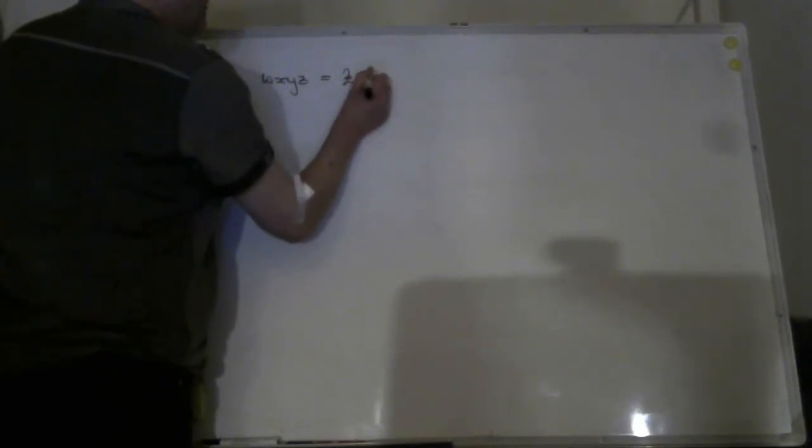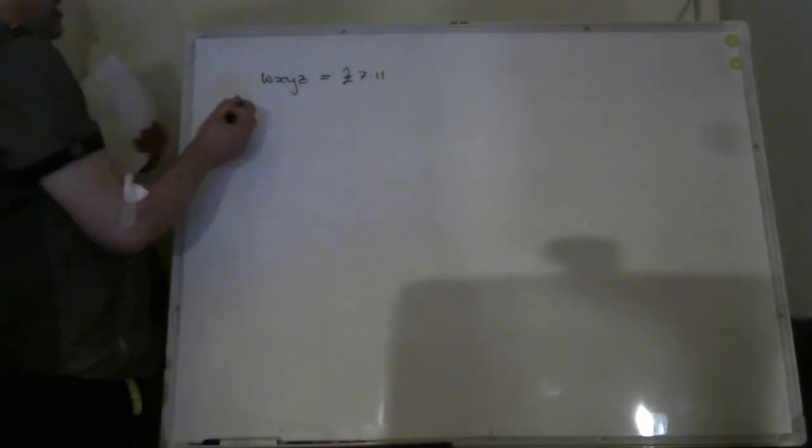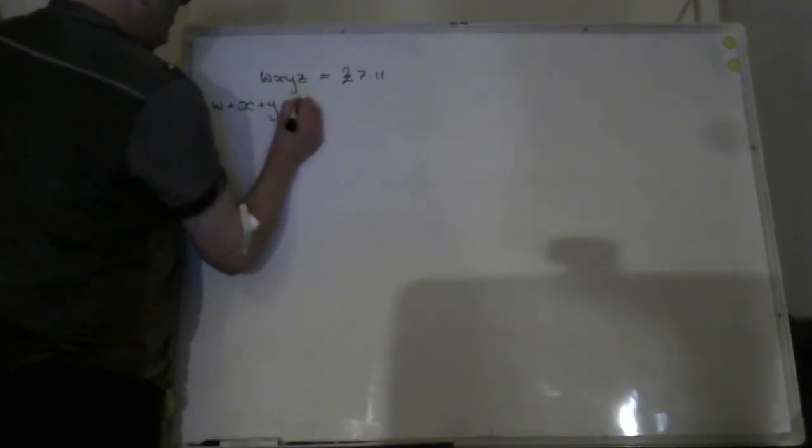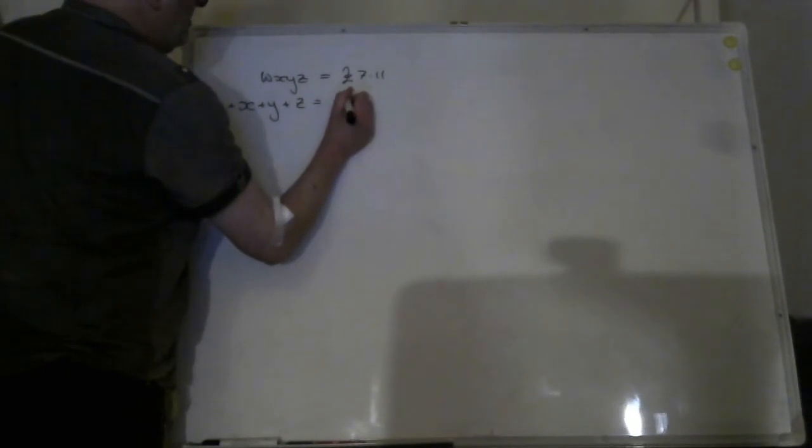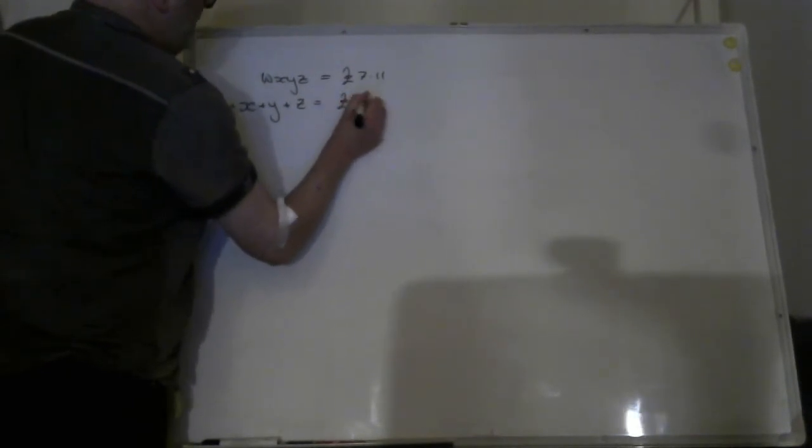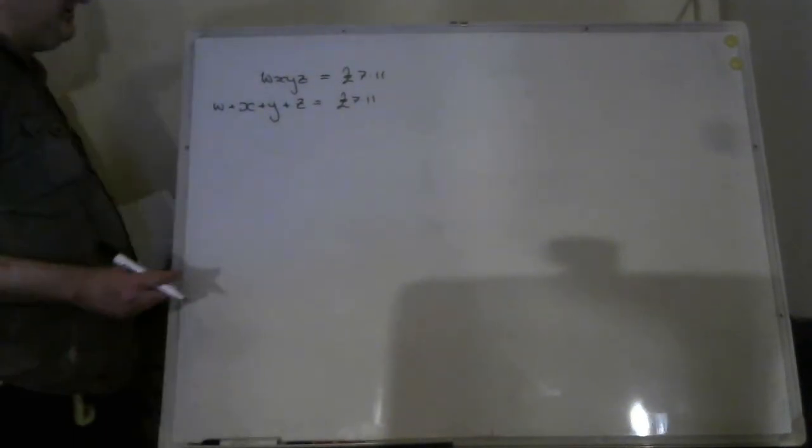So basically, we're told that the product of the 4 prices, W, X, Y, Z, is equal to £7.11. And we also know that the sum of all of these prices is £7.11.